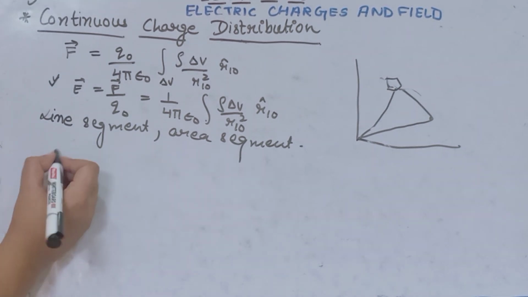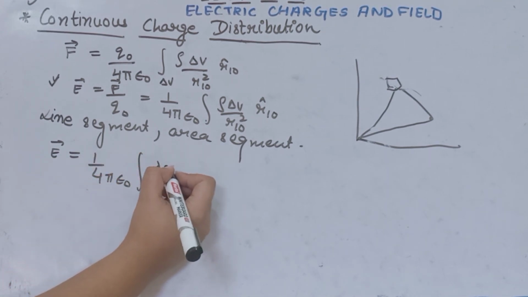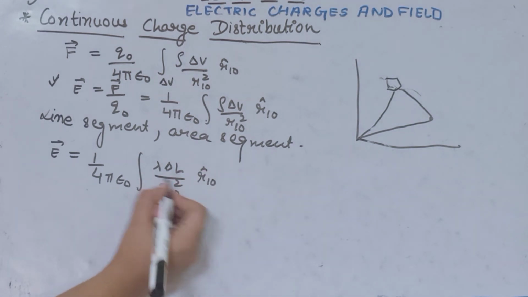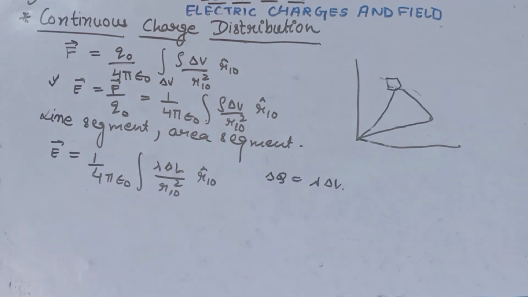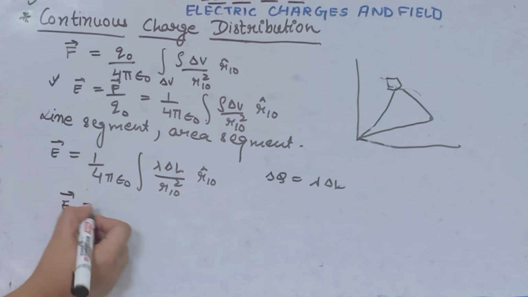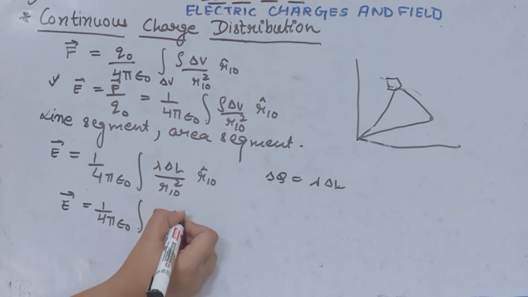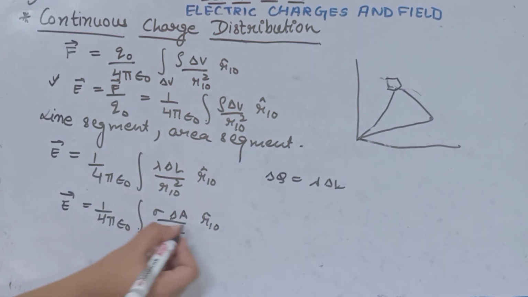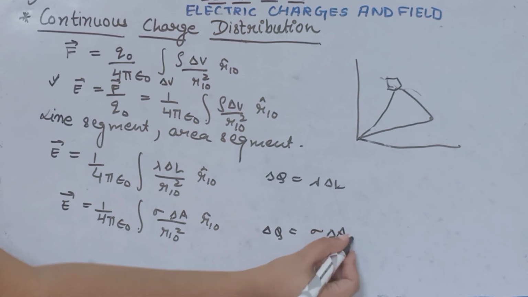So for line segment this electric field becomes 1 upon 4 pi epsilon naught lambda into delta L upon R10 square into R10 cap, because here delta Q is equal to lambda into delta L. Fine. And for the area segment electric field will become 1 upon 4 pi epsilon naught sigma delta A upon R10 square into R10 cap, where delta A is the area segment chosen, and in this case delta Q is equal to sigma delta A.